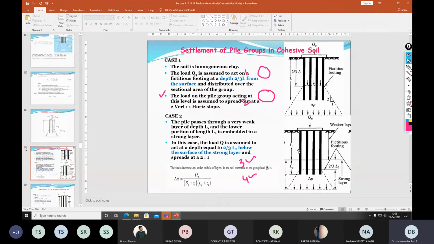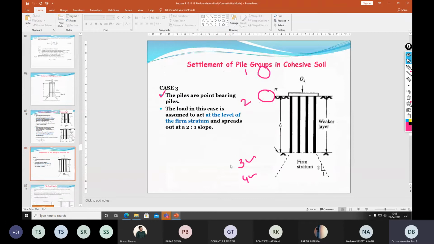So therefore L1 is simply ignored. Now only L2 is considered, and out of L2 again we will ignore 2/3 of L2 and consider only 1/3 of L2 for the consolidation calculation.